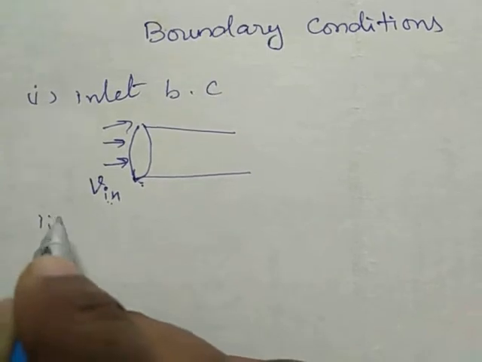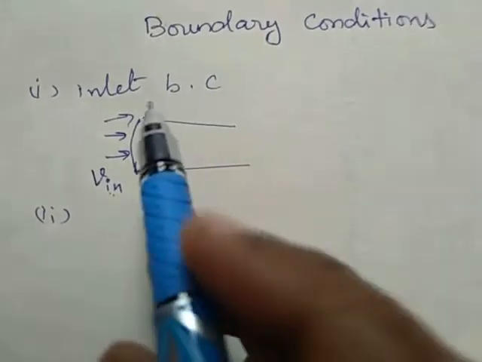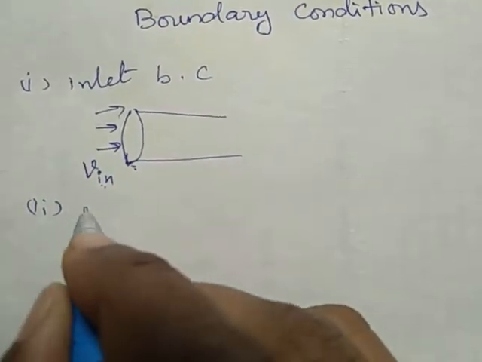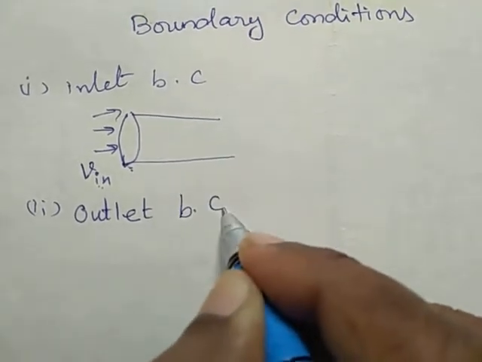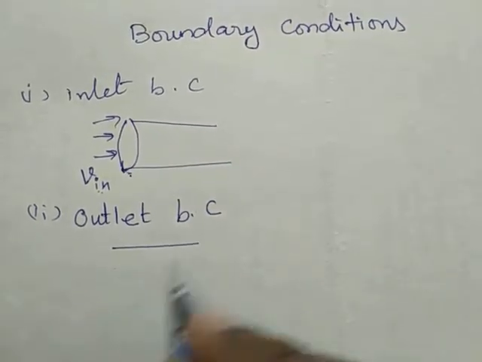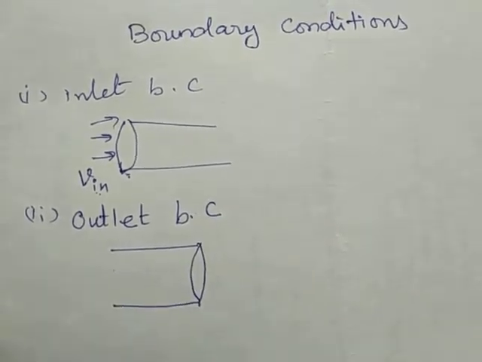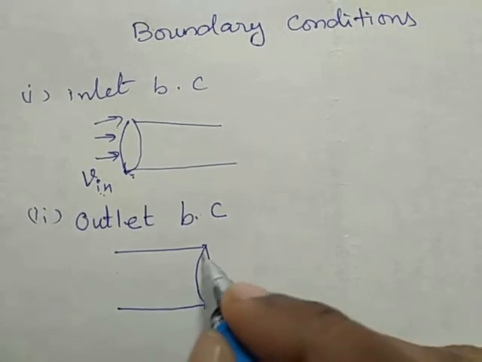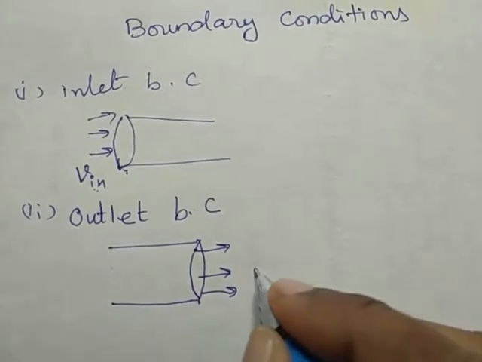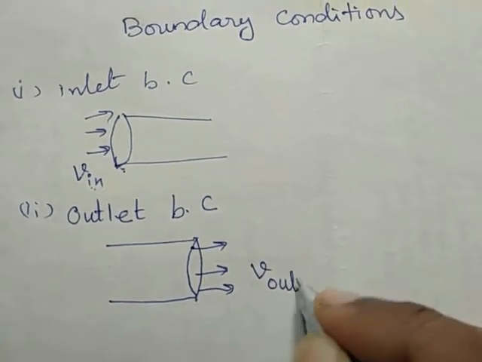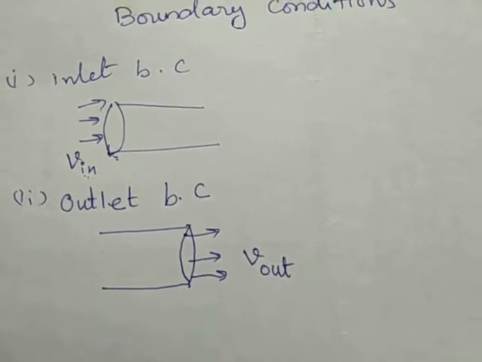Second boundary condition. Already we have defined inlet, so obviously the second boundary condition is outlet boundary condition. If we consider a fluid flow, it will have an inlet and it will have an outlet. So at the outlet point, if we define fluid variables, then it is known as outlet boundary condition.